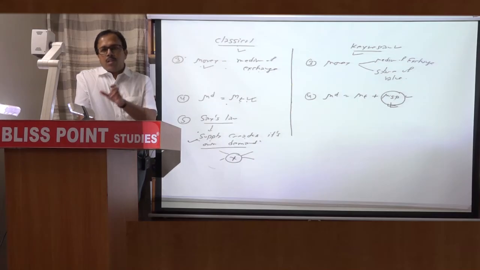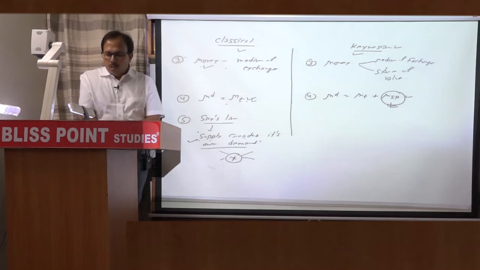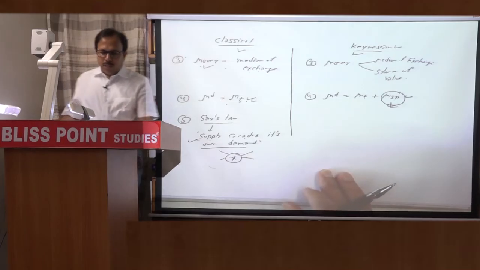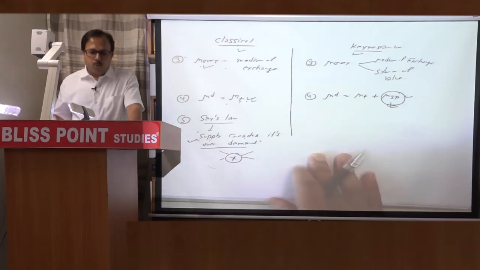When we are studying the Keynesian approach, we will be explaining the Keynesian part, and when we are synthesizing both, then we can incorporate both the classical as well as the Keynesian part. Clear? So there will be different aspects involved in the classical and the Keynesian approach.